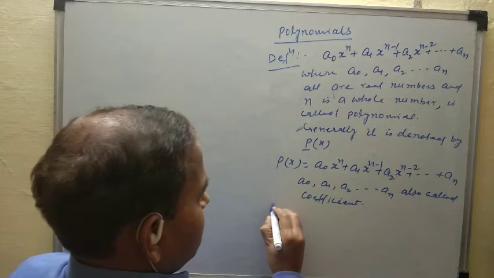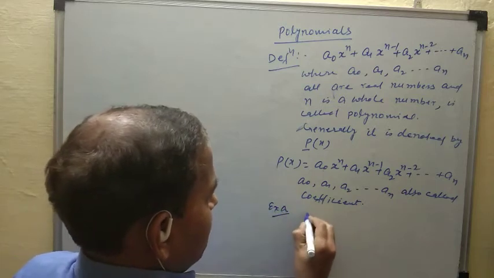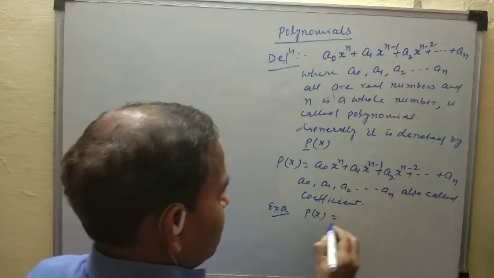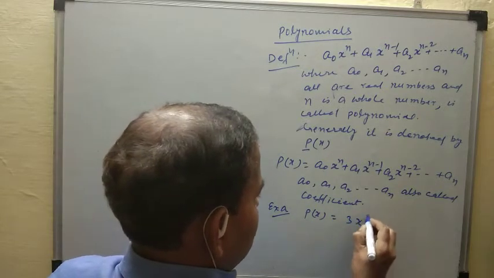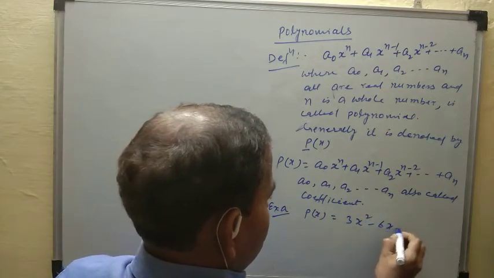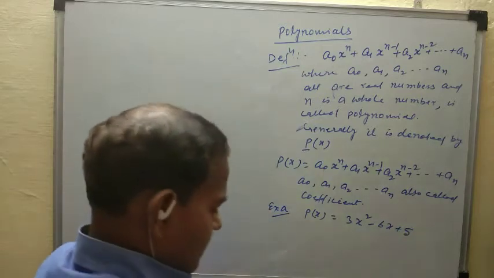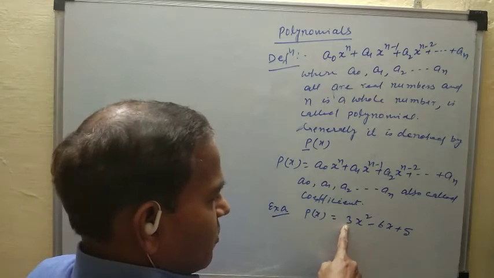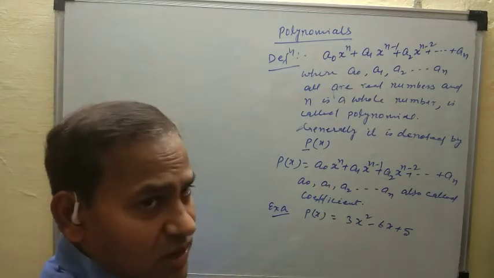For example, p of x is equal to 3x square minus 6x plus 5. This 3 is called the coefficient of x square.